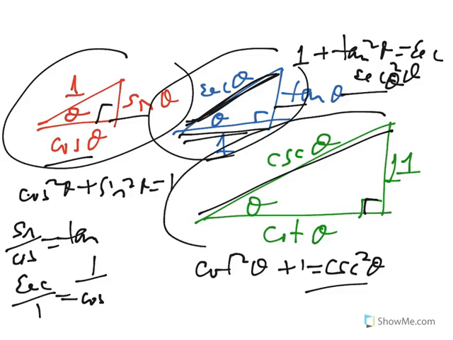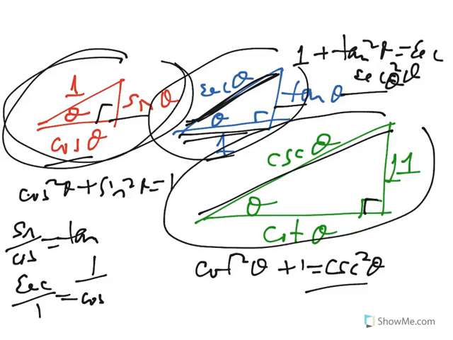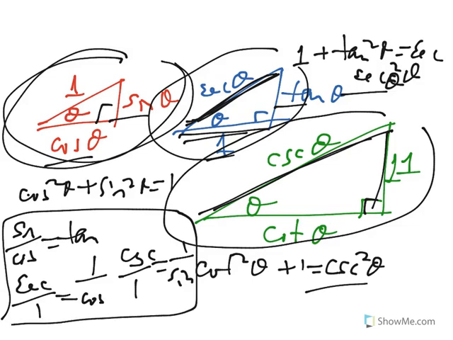If I take this green triangle and the red triangle, I could use similar triangles to say hypotenuse over opposite, or cosecant over 1 is equal to 1 over sine. Those 3 are known as the reciprocal identities.